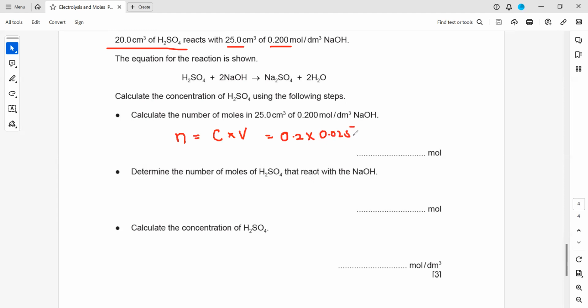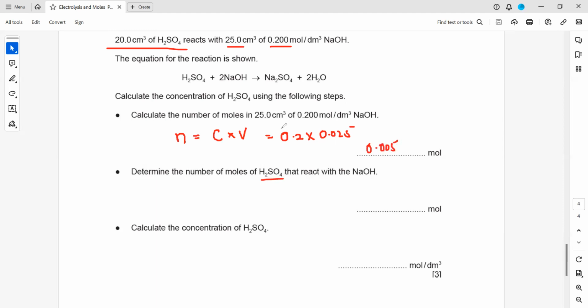So 0.025 multiplied by 0.2 gives 0.005 moles.